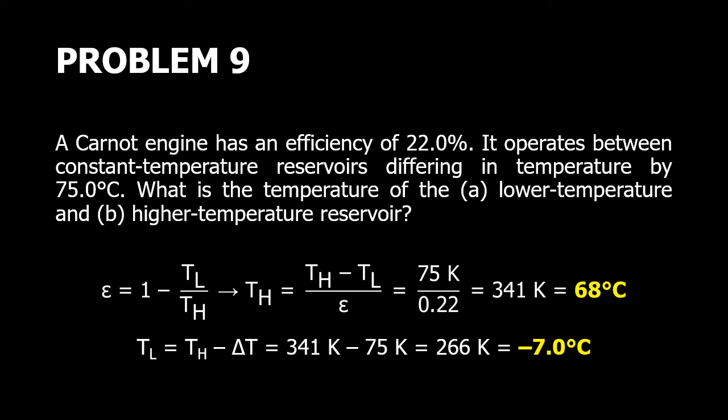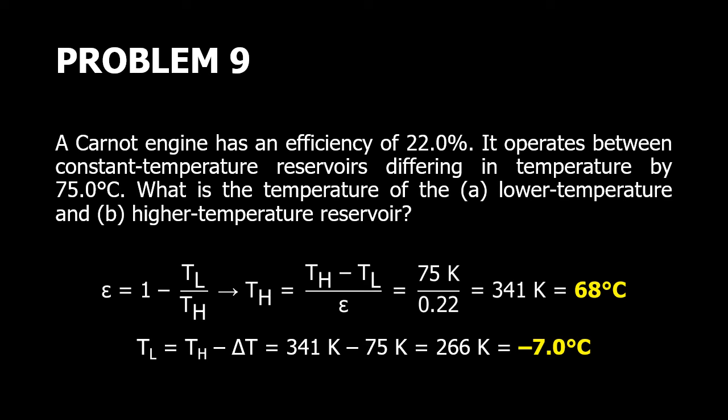The Carnot engine has an efficiency of 22%. It operates between constant temperature reservoirs, differing in temperature by 75 degrees Celsius. What is the temperature of the lower temperature and higher temperature reservoir? So we are given an efficiency of 22%, so we convert it into decimal, that is 0.22.